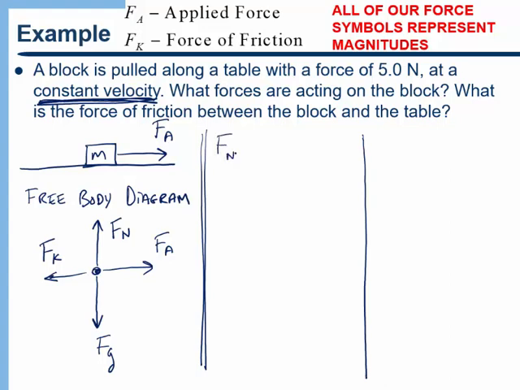I'm going to write F net x, that represents the net force in the x direction, is equal to max, where ax is the acceleration in the x direction, and F net y equals may. Let's start out by looking at the x direction. By net force, remember, I mean the vector sum of the forces.